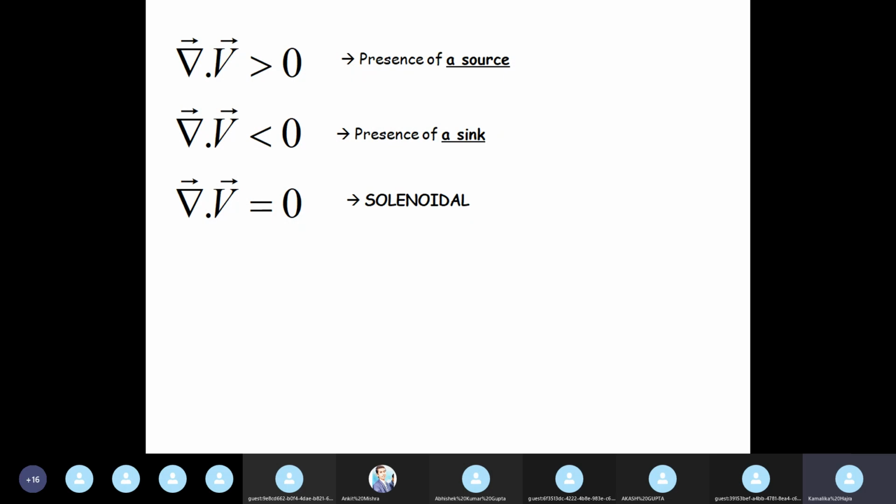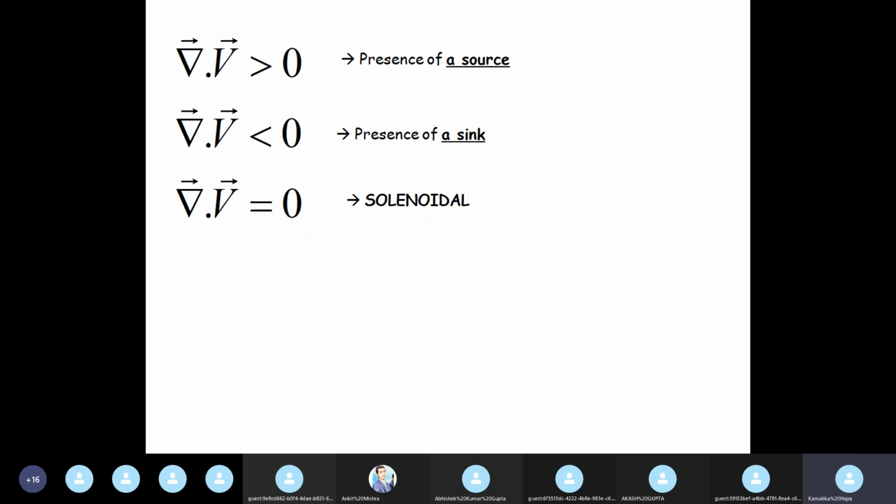So the number of people who entered is more than the number of people who are coming out. So there is a sink in the room through which some particles are going before moving out. The number of particles coming out is less than the number of particles that entered.